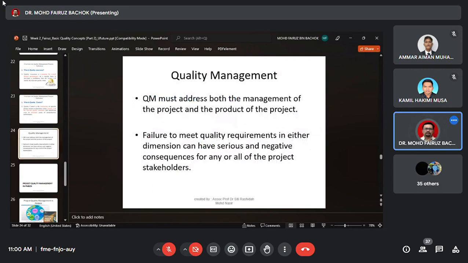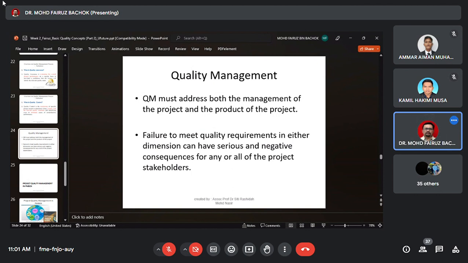Quality management, QM, must address both the management of the project and the product of the project. The product of the project actually depends on the management of the project. If you have quality management of the project, then you can produce a good quality product of the project.